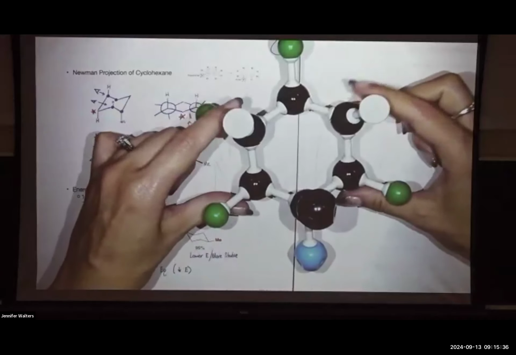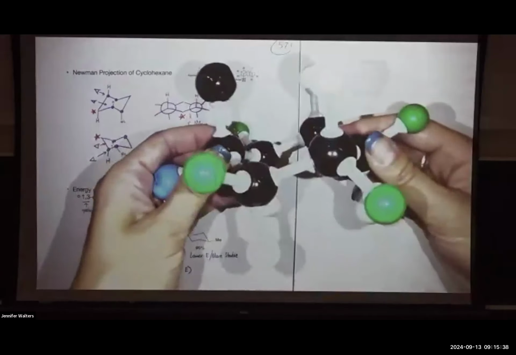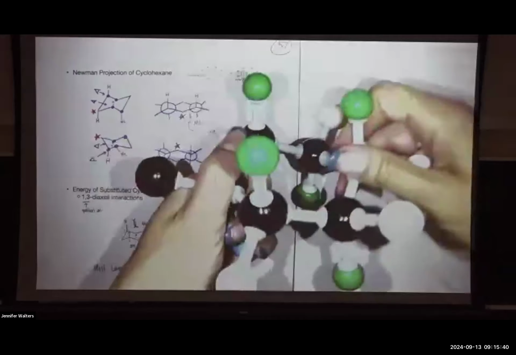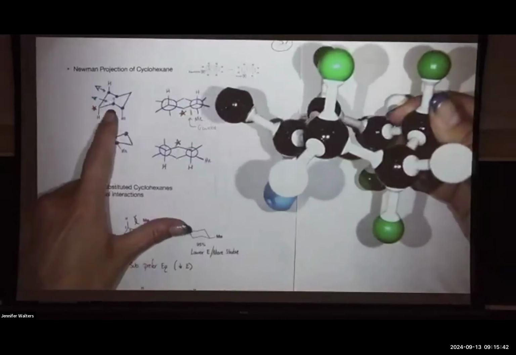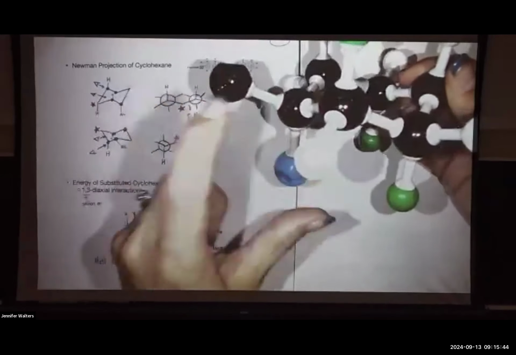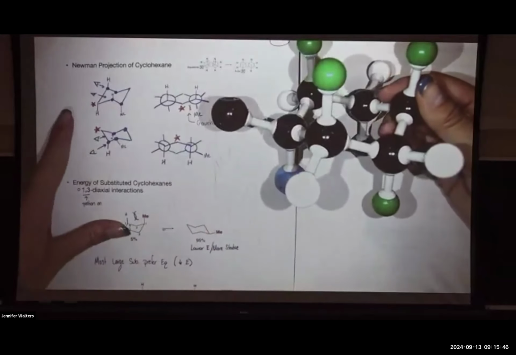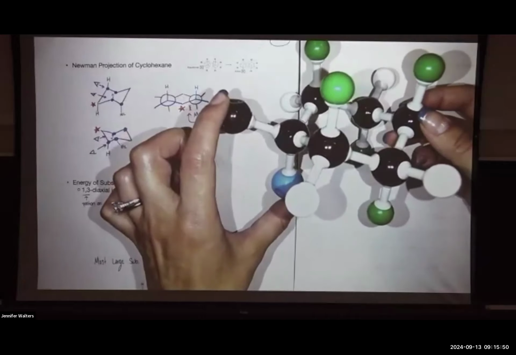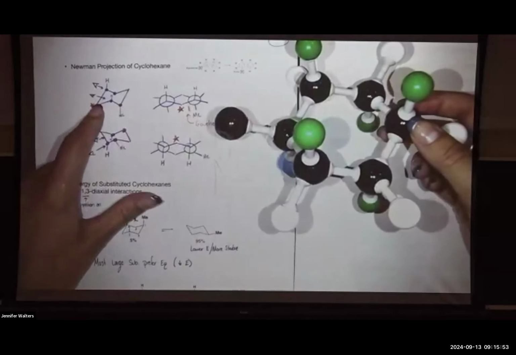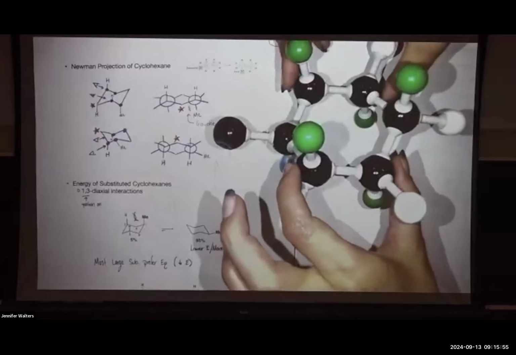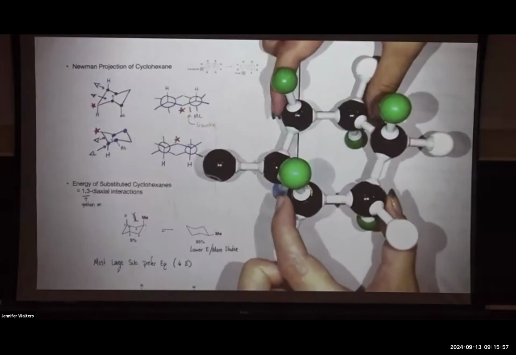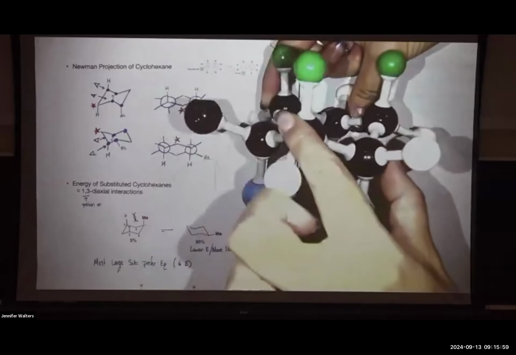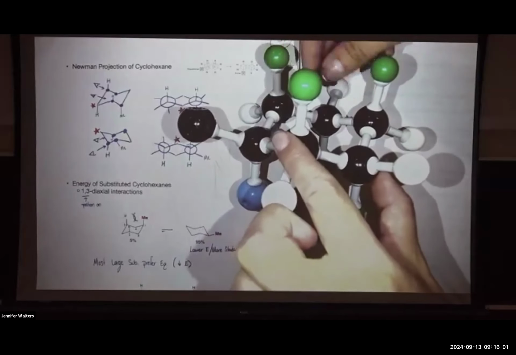So if I'm looking down these two bonds, so here's my chair, that one, so it matches the top chair. So right now, this carbon is the one that has the star, is the one that has the black and blue attachments. That's the star carbon. So I'm going to look down these two bonds of my chair. That's that perspective that I'm taking.